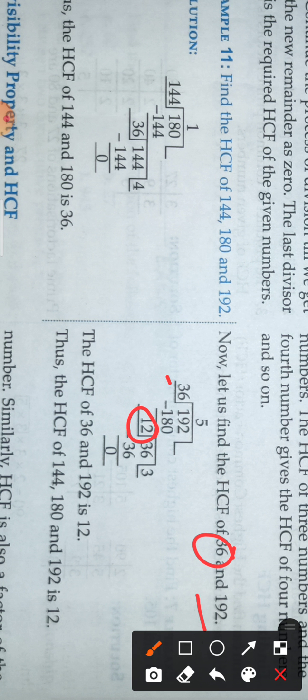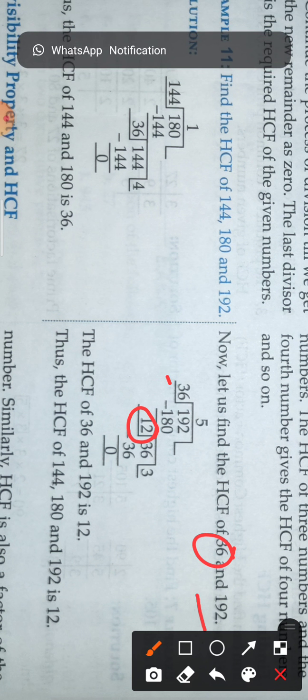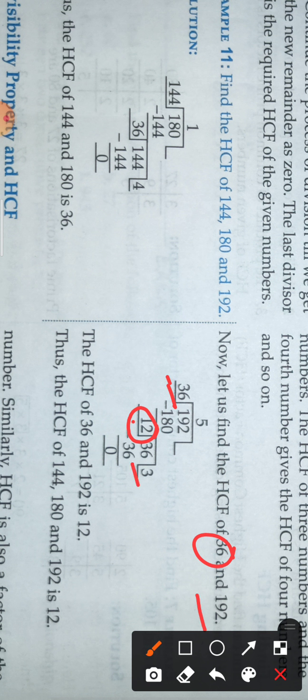Since our remainder is not 0, again we have to divide the smaller number by this remainder. So dividing 36 by 12, 12 3s are 36. So here we get the 0 resultant. So that means our answer is 12. Okay, so HCF of 36 and 192 is 12.